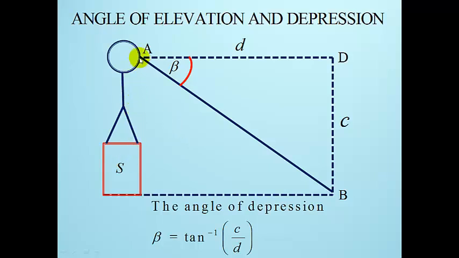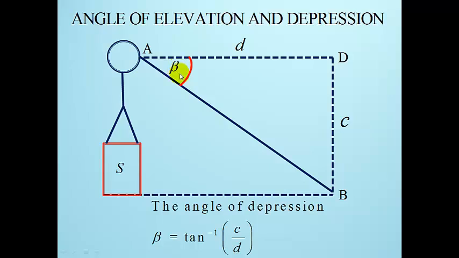Now, the angle of depression is the angle between the line drawn from your eye to the object you are looking at below your eye level, and the horizontal to your eye. So the angle is beta. So the angle of depression is beta.